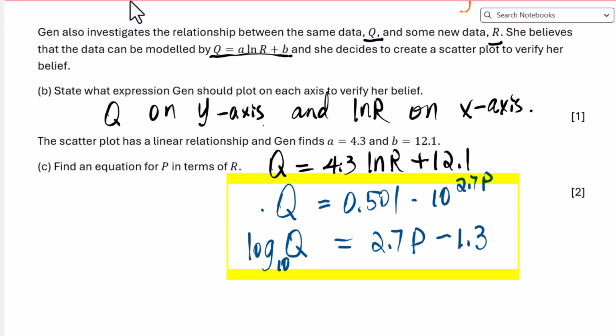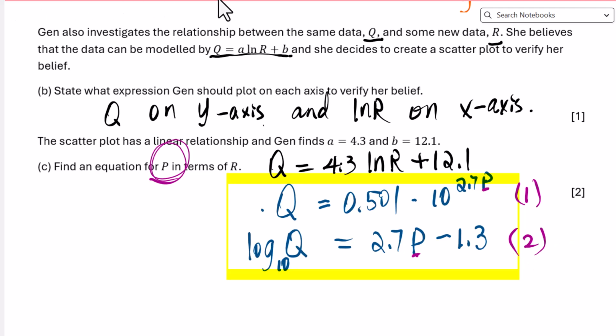Which one do you use to figure out this P? Let's analyze. For equation 1, P is the exponent. In equation 2, this P is in a linear format. It's easier to figure out P by using equation 2.